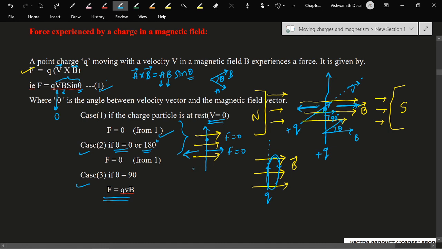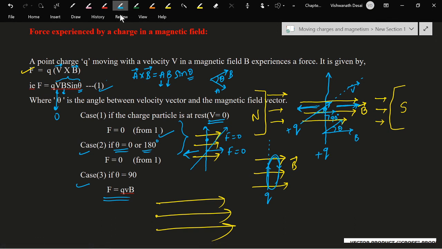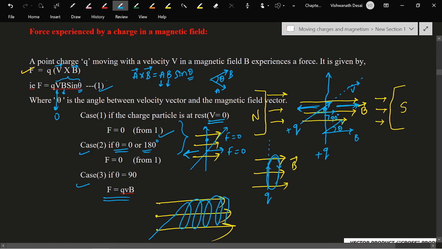Or if the charge is moving in some direction making an angle other than 0 or 90 degrees, it moves in a helical path. So this is a magnetic field. If the charge enters at an angle that is not 90, 0 or 180 degrees, it starts moving in a path like this. This path is called a helical path or helix. Remember that.